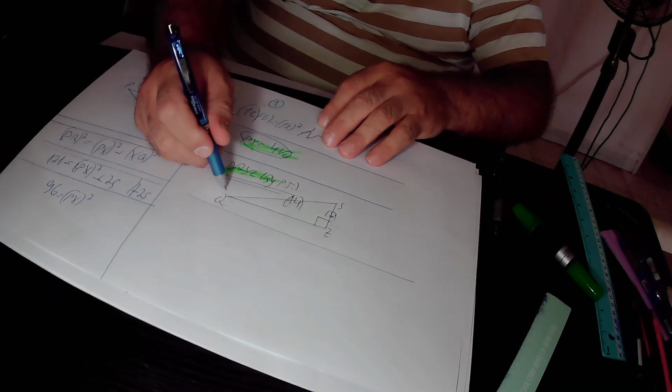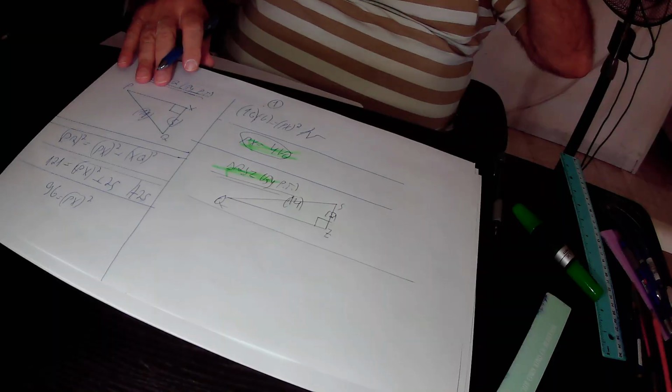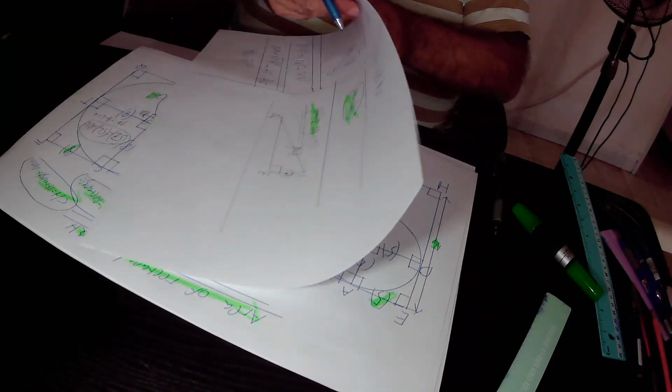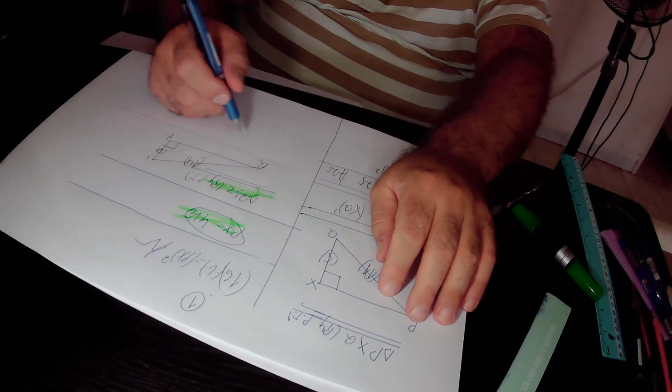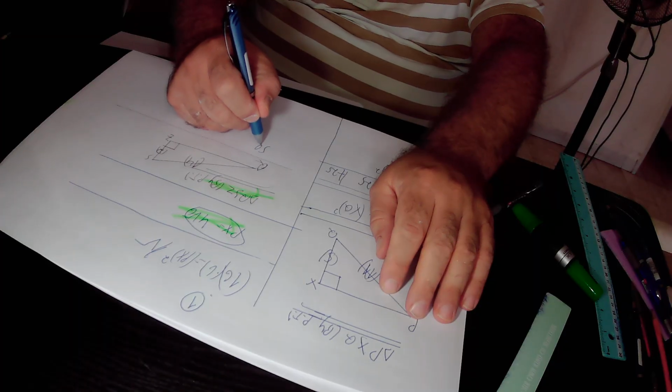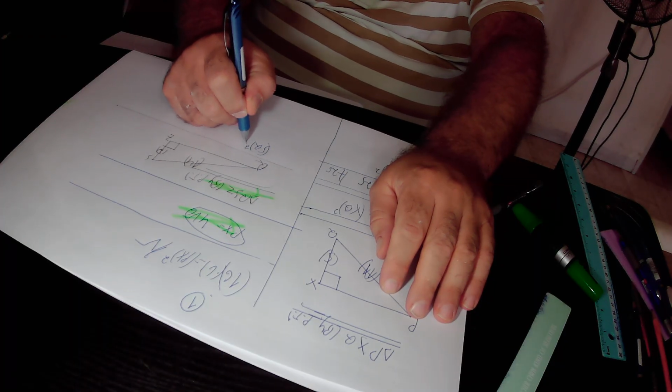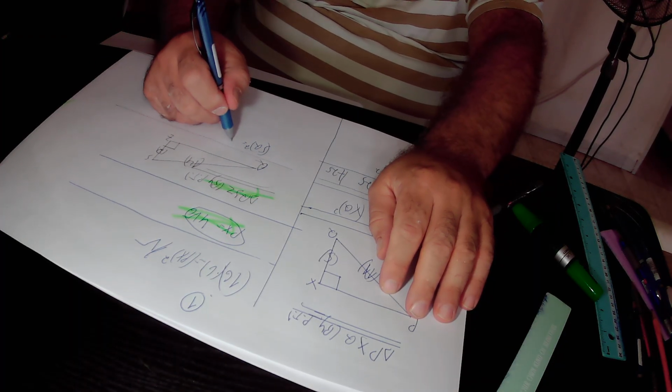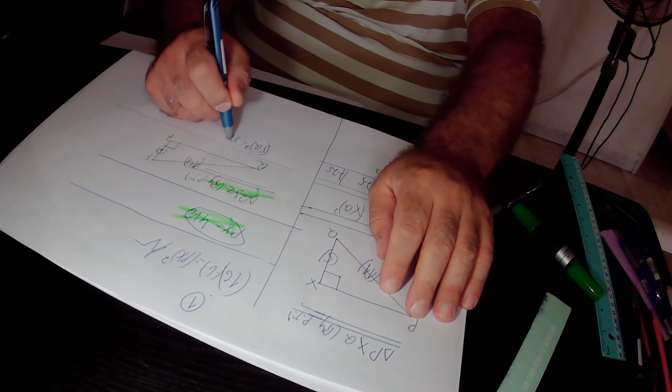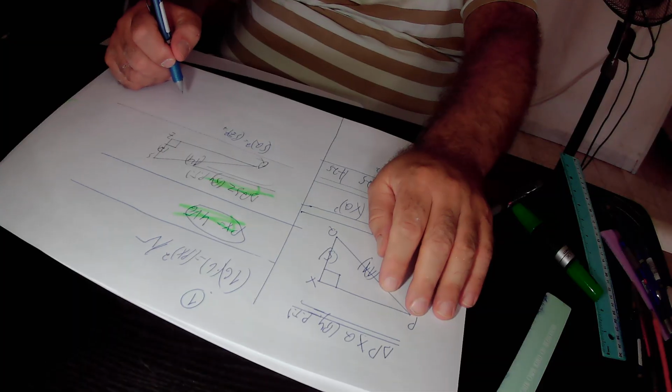So write it down. SQ squared, that is the square of the hypotenuse, equals SZ squared plus ZQ squared.